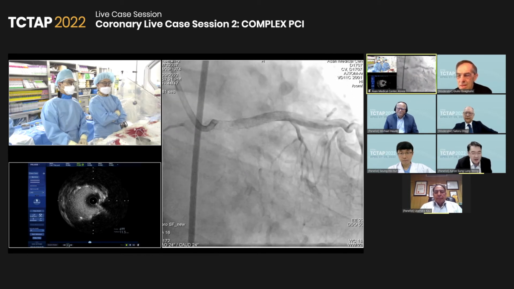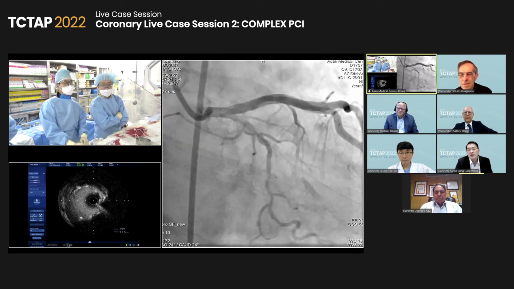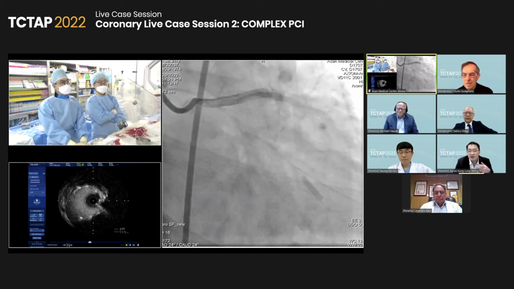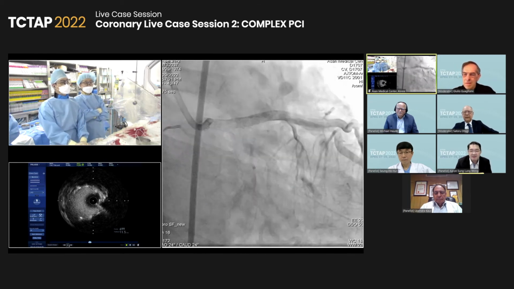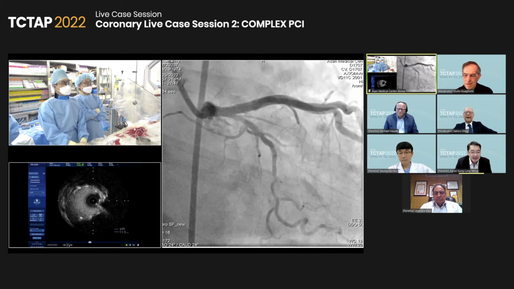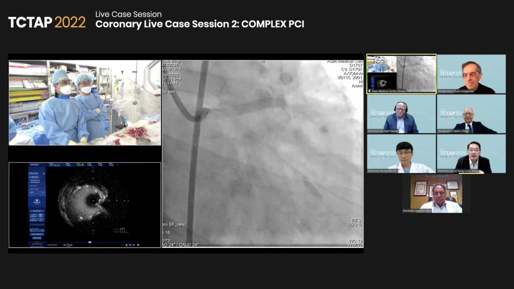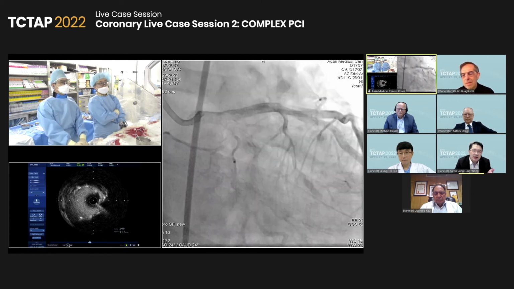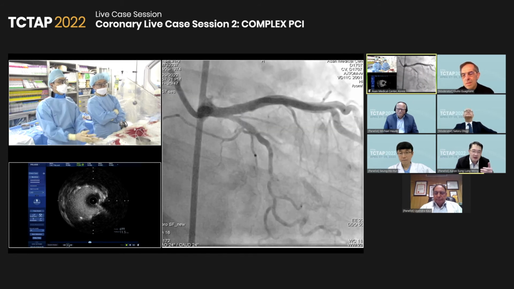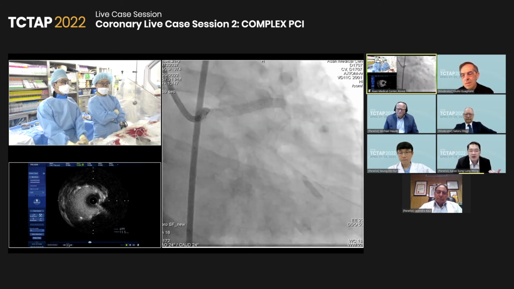Actually, one question I'd ask the panel: the ostium of the left main itself, although it has plaque, is not that diseased. So I'm just thinking that in this sort of situation, you put the stent to the ostium. Actually, in this case, the stent protrudes quite a lot outside the left main.